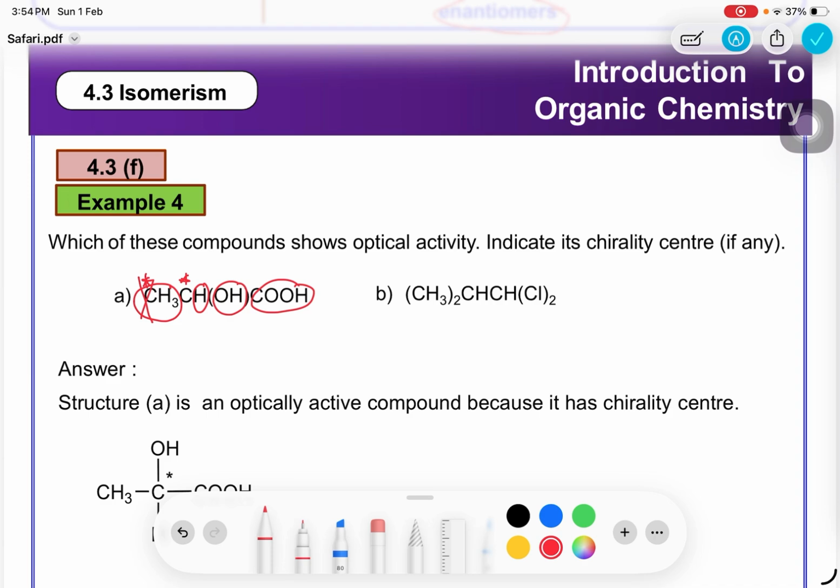So the second carbon is a chiral carbon. Okay, now if we focus on the third carbon, it is COOH. When we expand this, it becomes C double bond O, OH. So this carbon cannot be a chiral carbon because it is not sp3 hybridized.